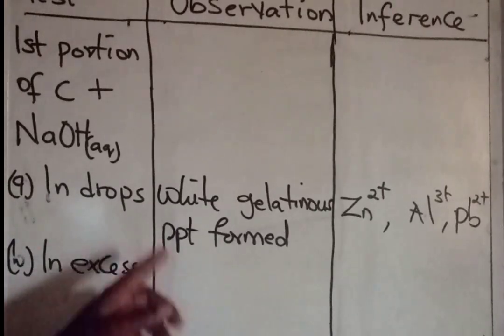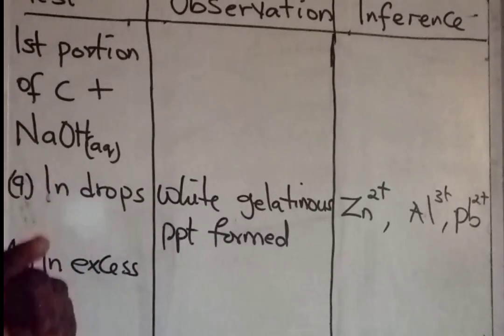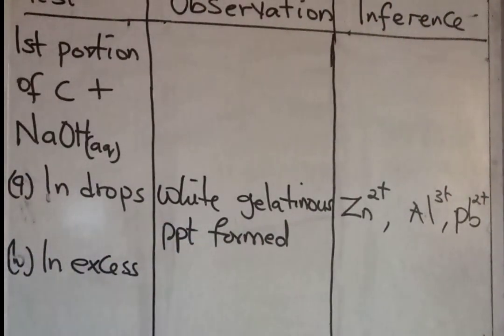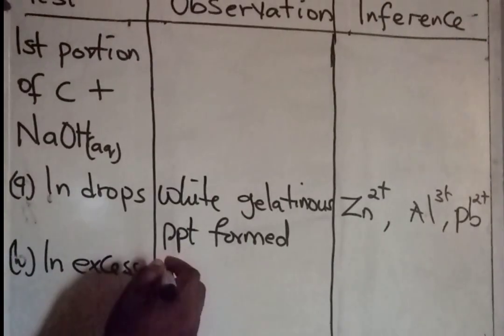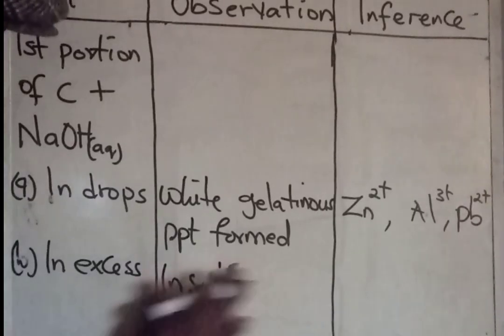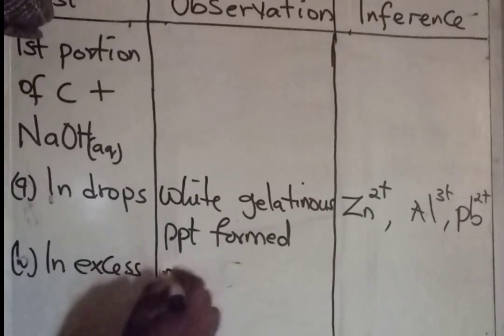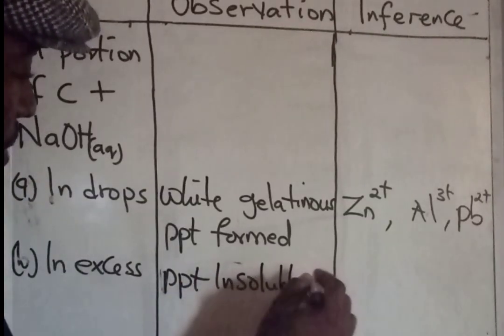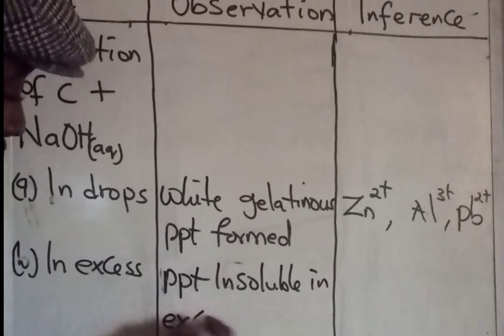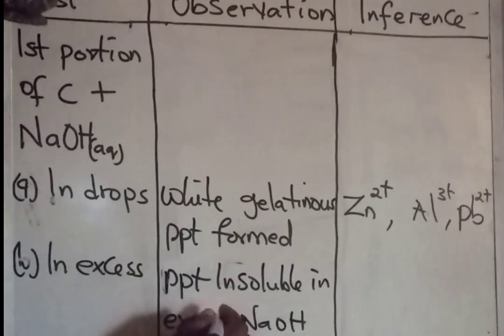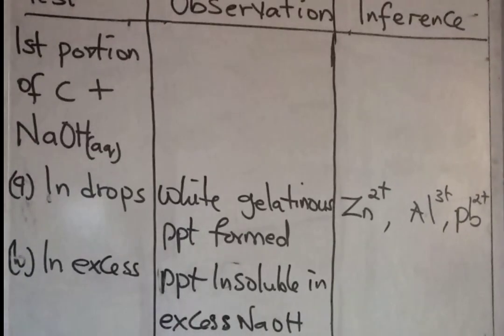If you add in excess and the PPT that was formed in step 1 is soluble, it means that zinc and aluminium should be suspected in the solution. That means they are likely present. But if you see an insoluble PPT, which is the one we're expecting, we'll say PPT insoluble in excess NaOH.